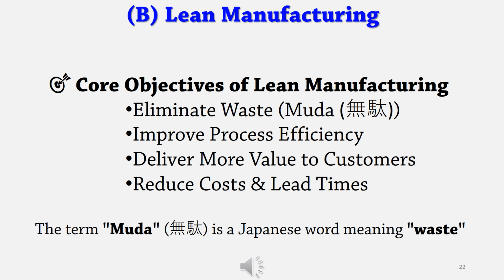The core objectives of lean manufacturing are eliminate waste, improve process efficiency, deliver more value to customers, reduce cost and lead times. The term muda is a Japanese word meaning waste.